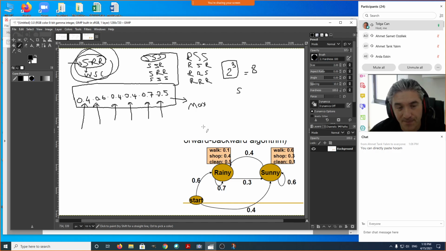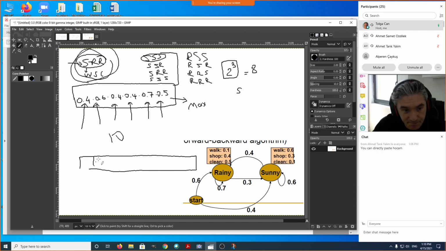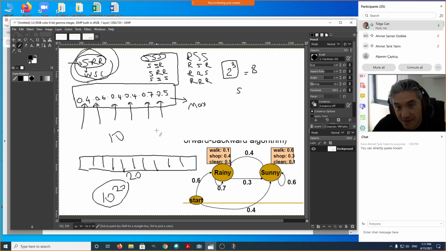and you can compute the probabilities for all to compute the max. By the way, this approach obviously is not very feasible when you have a large set of states, many states. For example, if you have 10 states, and if you're looking for a time series process of, for example, 20 days, it's going to be 10 to the power 20, which may be a very large number, and computing these probabilities for all of them may be infeasible, intractable.